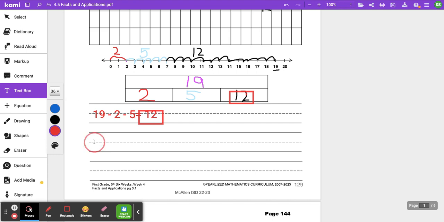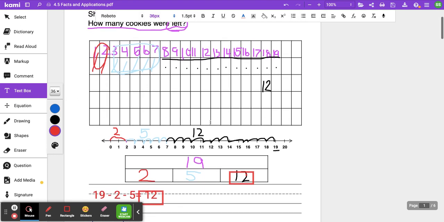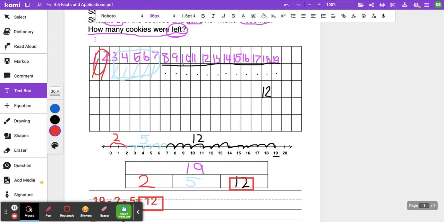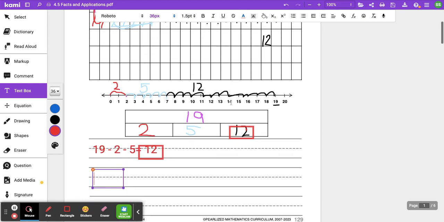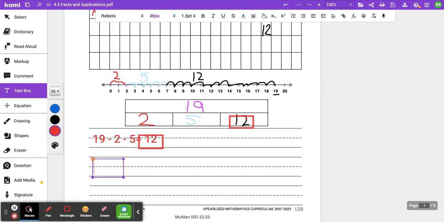We need to put in our sentence. Go back to the question. How many cookies were left? How can I put that into a sentence? Replace the number with the question words.